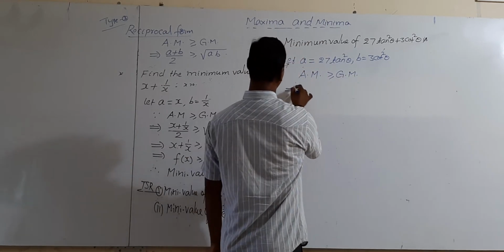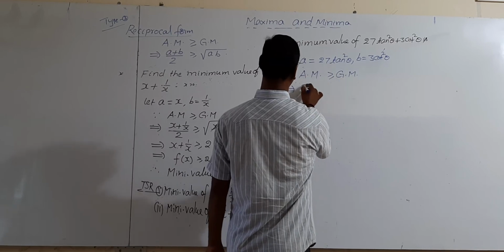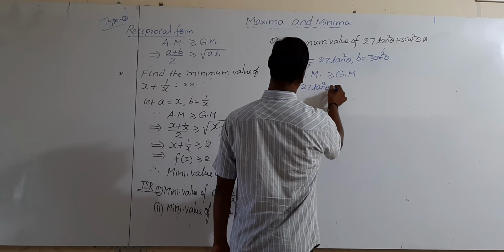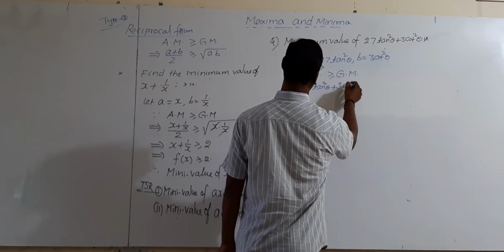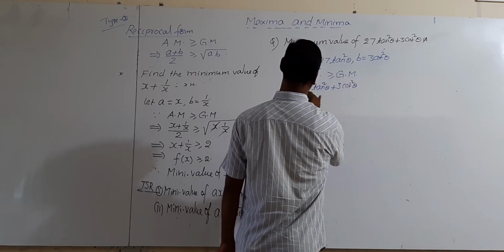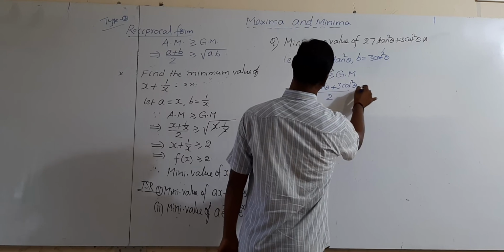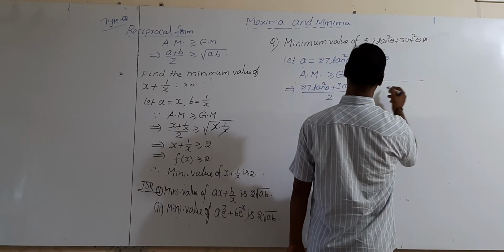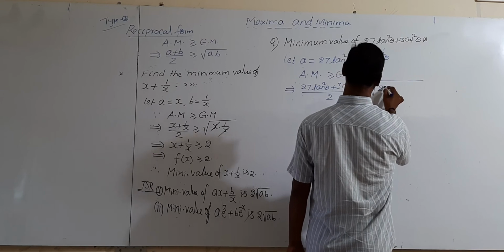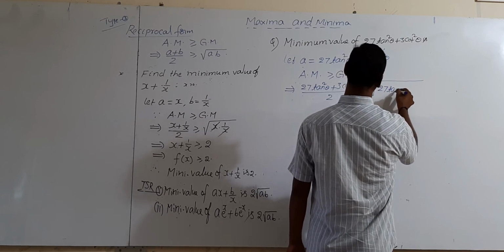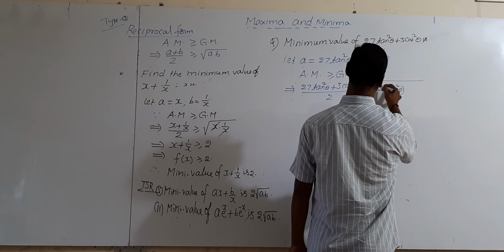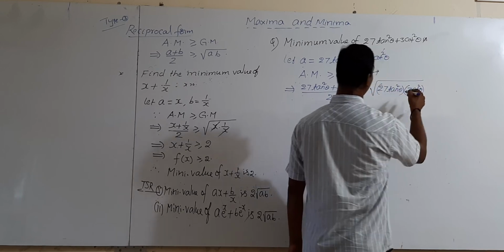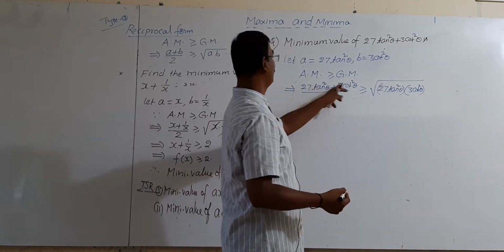So the sum of two numbers, (27 tan square theta plus 3 cot square theta) upon 2, is greater than or equal to square root of ab, that is the square root of 27 tan square theta into 3 cot square theta. Simplify.